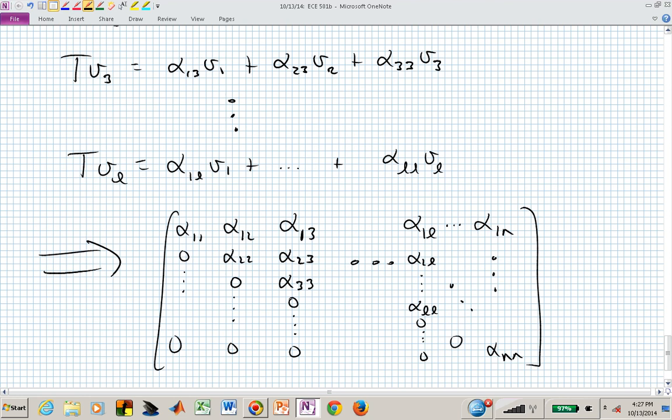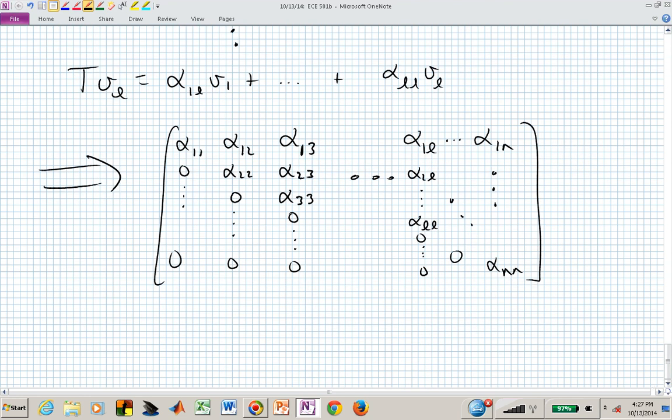Is that clean, or somewhat clear, the way I'm denoting that? All of my similar subscripts, 1,1, 2,2, 3,3, are all potentially non-zero, and everything below those is 0.